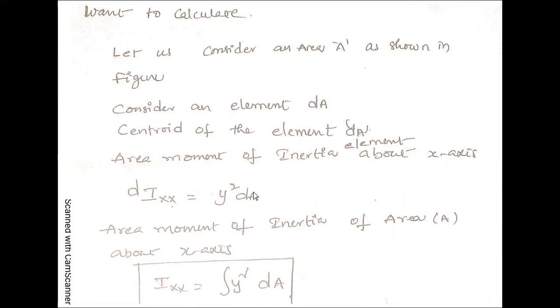If you want to calculate the moment of inertia of the total area, we have to integrate this elemental moment of inertia within the limits. So the moment of inertia of the total area Ixx is equal to the integral of the moment of inertia of the element about that same axis. So integral y square dA is the moment of inertia about the x-axis.